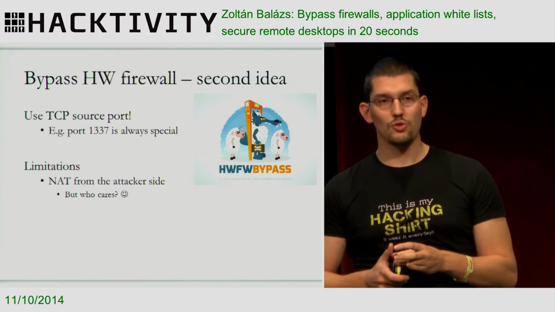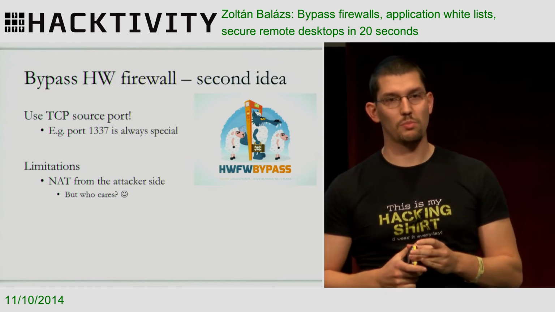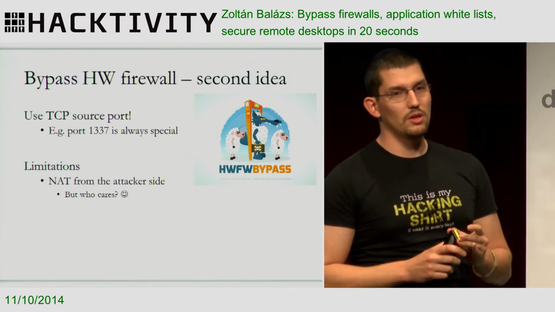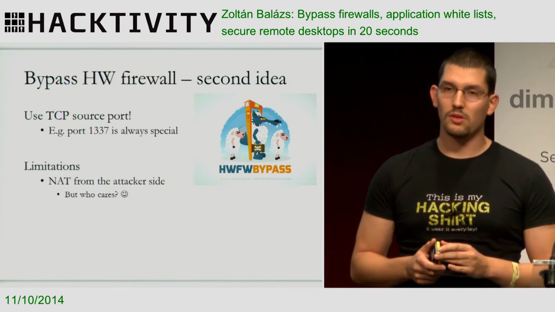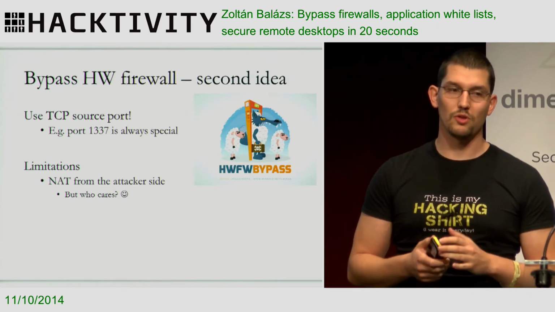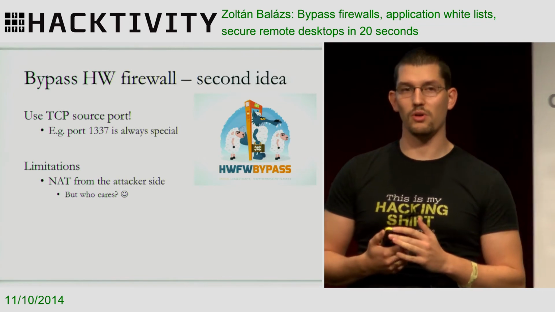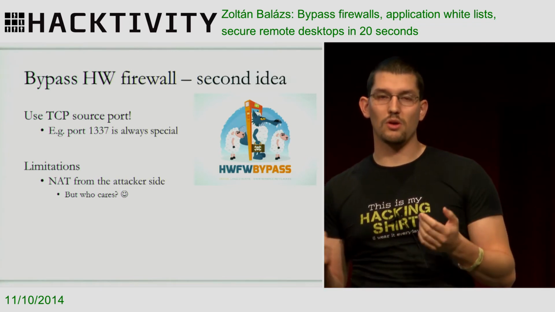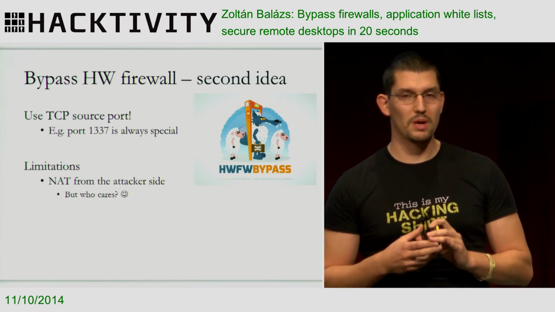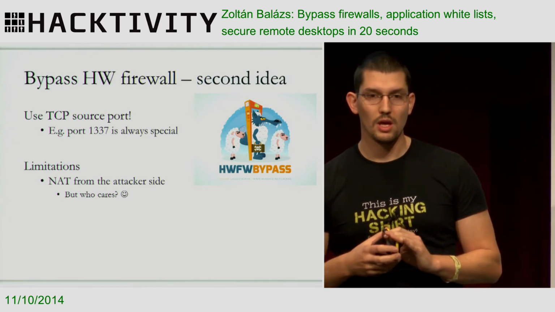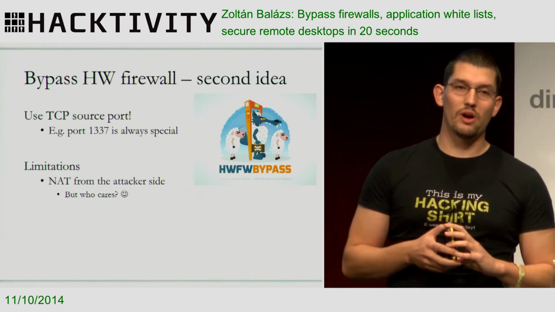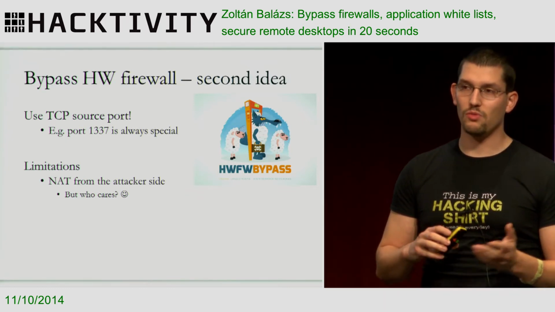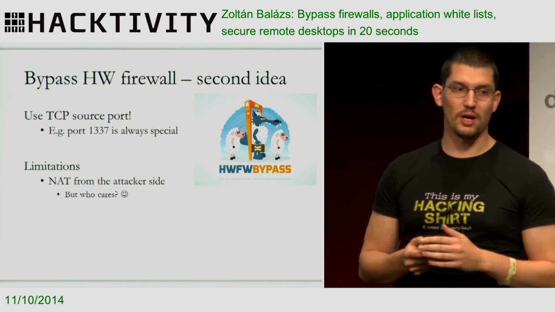And I chose the TCP source port for this. So let's say that if this application, which will basically be a kernel driver, on the server sees that the TCP communication is from this special source port, it won't allow the RDP server process to handle the connection, but rather it will redirect it to my bind shell.